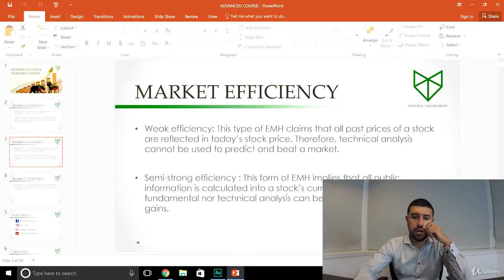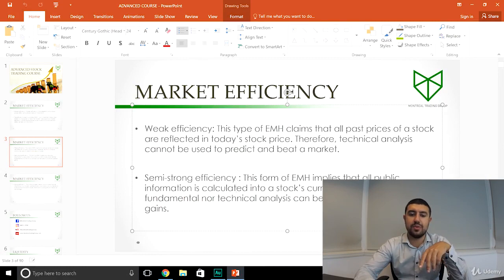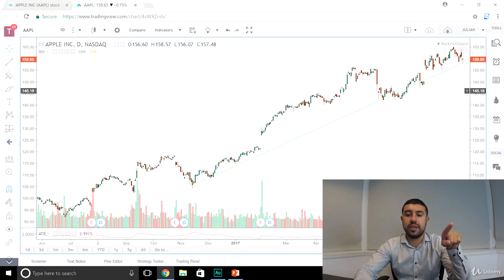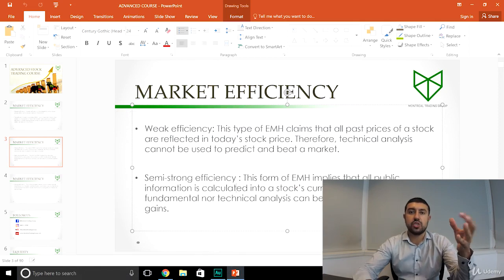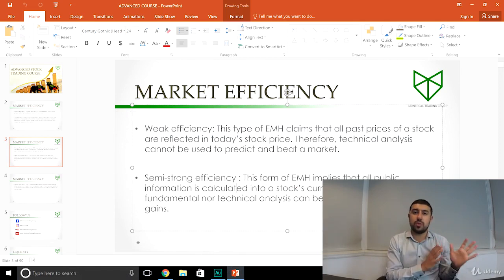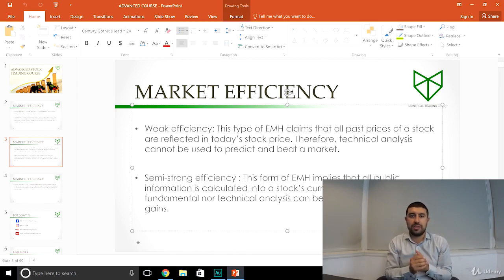So now the other level or other hypothesis is the semi-strong efficiency. And semi-strong efficiency says that not only can you not use historical prices, but you cannot use financial data, fundamentals, right? So not only can you not use the prices, but you can't use fundamentals like earnings, dividends, the sector, the economy, the taxes, geopolitical environment.